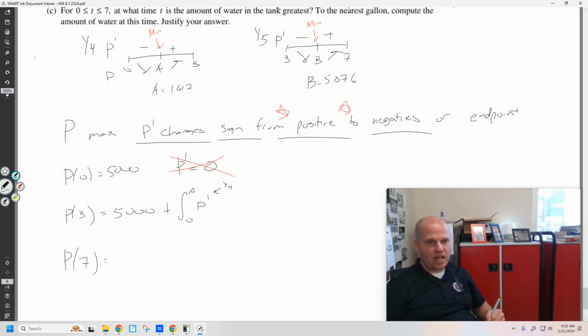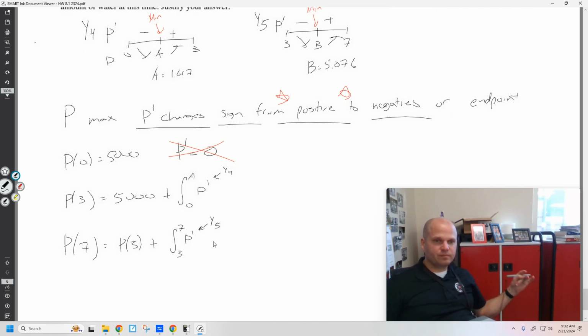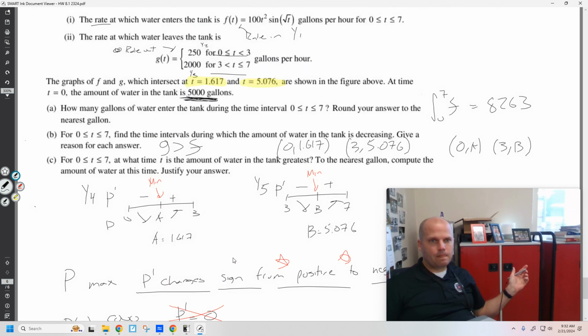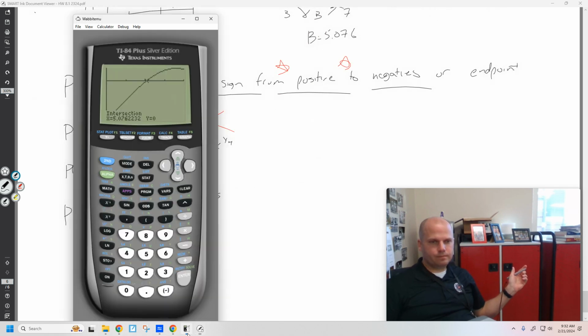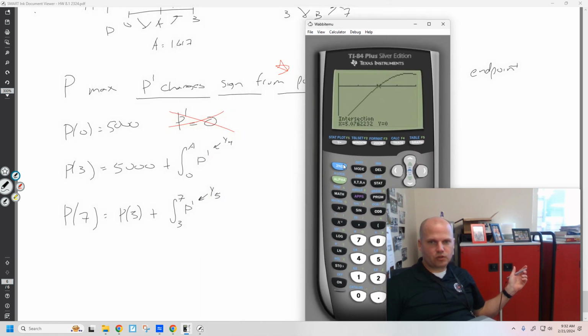And then P of 7 is going to be P of 3 plus the integral from 3 to 7 of P prime, which is going to be Y5. All right. Home screen.